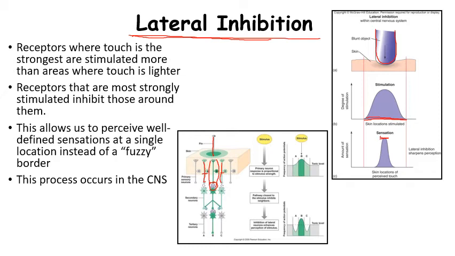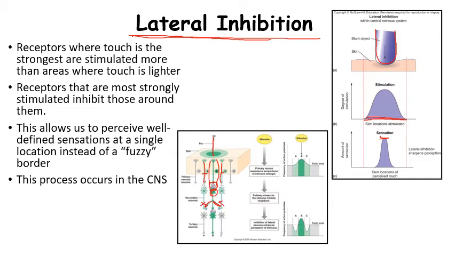Okay, and so what happens is at the second order level, these are multi-neuron pathways in the sensory system. The second order is actually going to inhibit those being stimulated by the other regions here. So this collateral here is basically helping turn off the signaling to the third order.